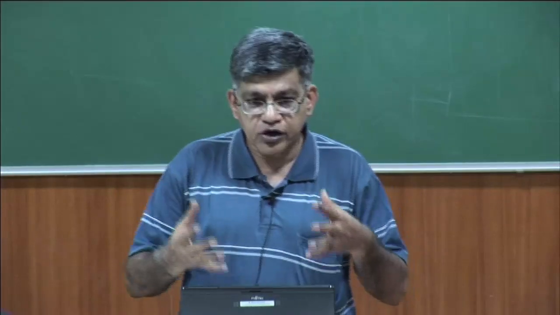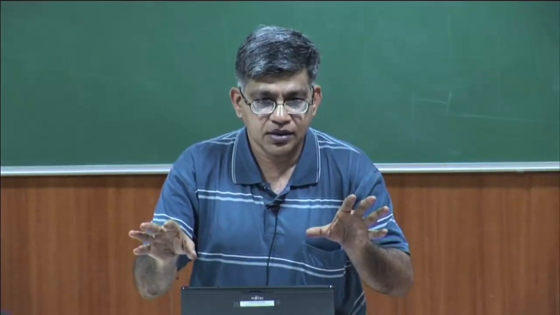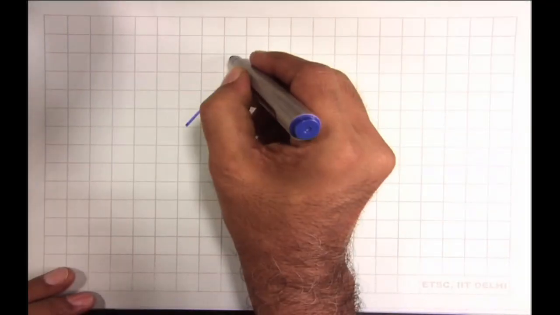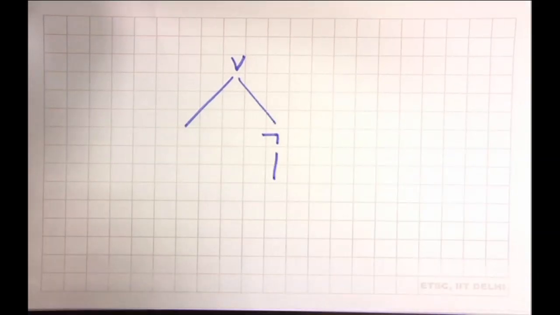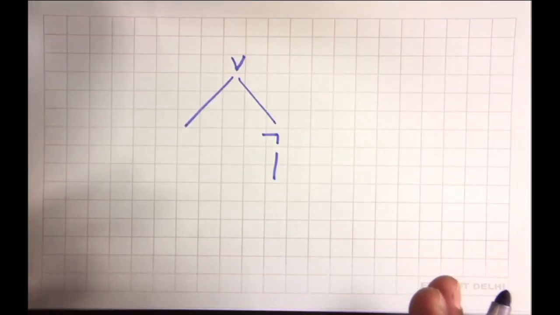You can think of it as a structure in which you can plug in things. So, phi or not phi, you can think of it as this structure, and in any logic you can think of it as a tautological form.